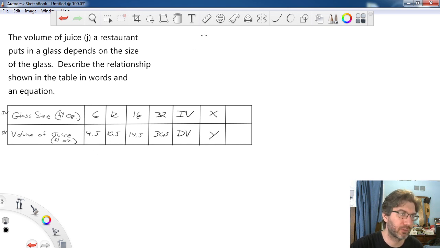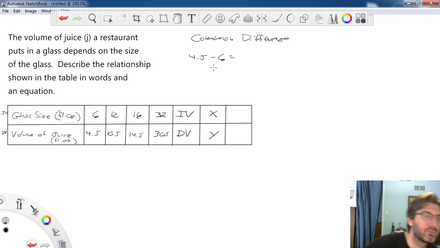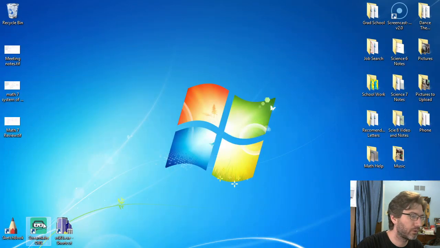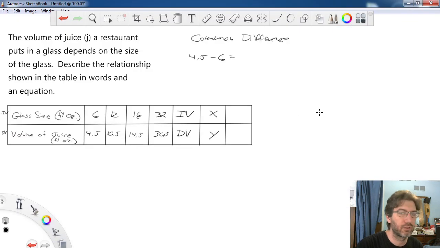So first you're going to check for a common difference. So subtract them. 4.5 minus 6 equals negative, I lost my calculator, didn't I? I'll use a fancy one.